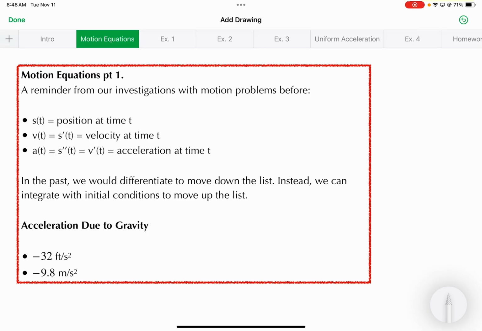Oftentimes we started with our position function, and then if we wanted to get to velocity or acceleration, we had to differentiate to go down. But now we know how to take our antiderivatives. So instead of differentiating to go down, starting with position and going down, a lot of these problems we're going to start with either our acceleration function or our velocity function, and we are going to take our antiderivative or integrate to go up instead.